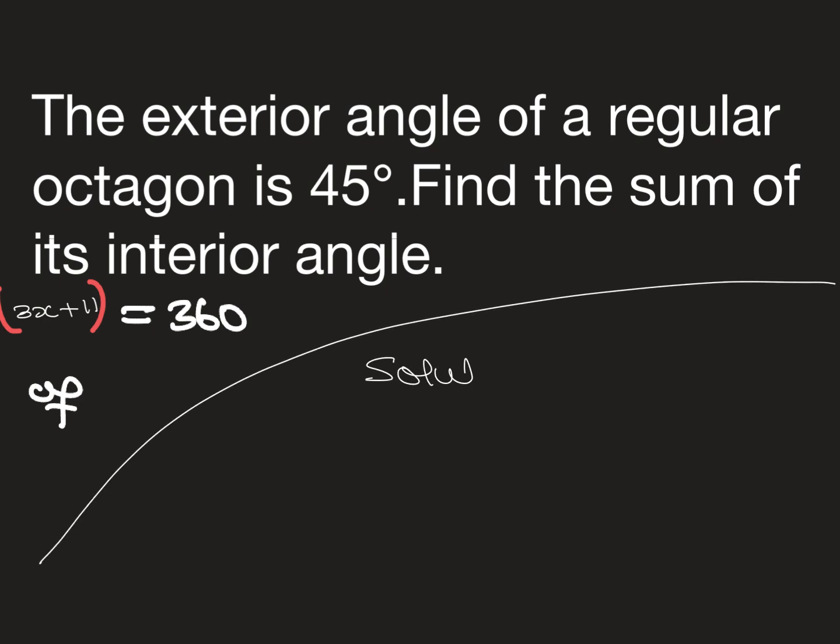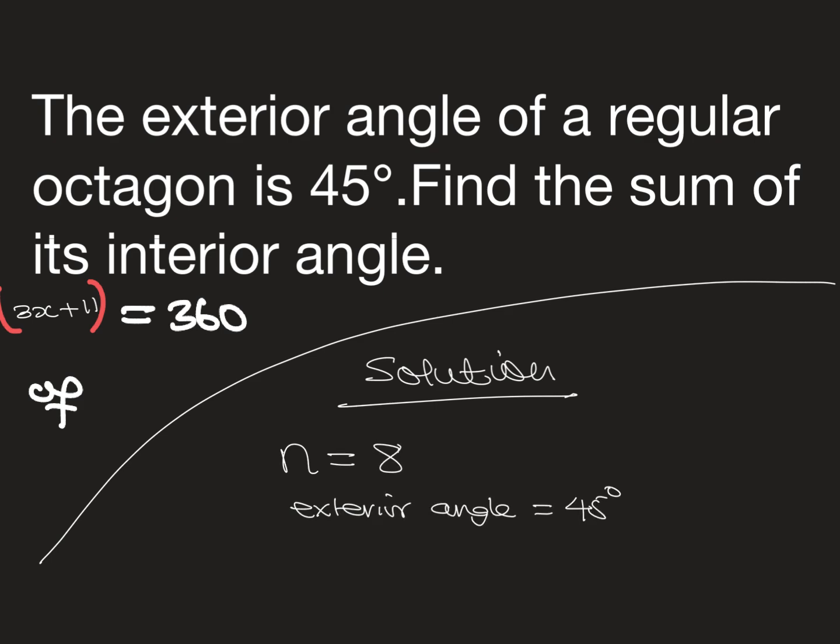Solution. We are given the information that the polygon is an octagon, and we know that an octagon is 8-sided, so therefore n is equal to 8. The exterior angle here is 45 degrees.